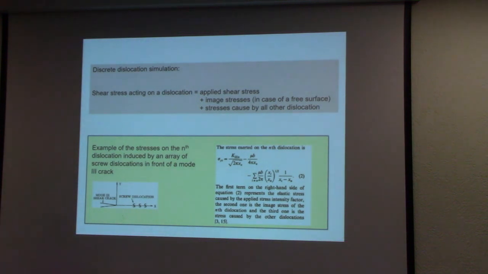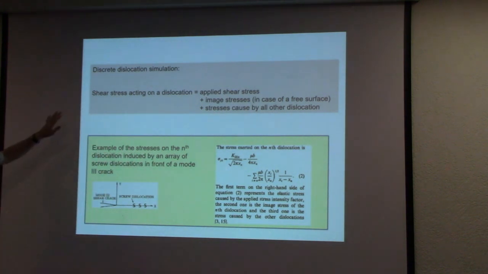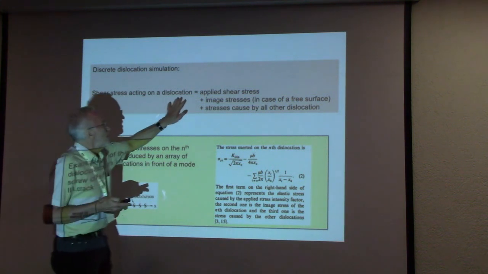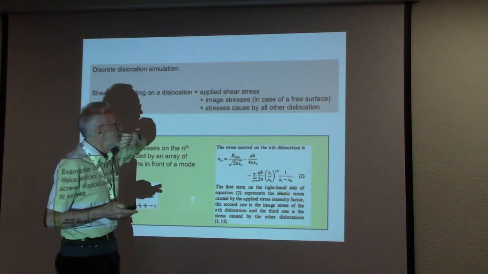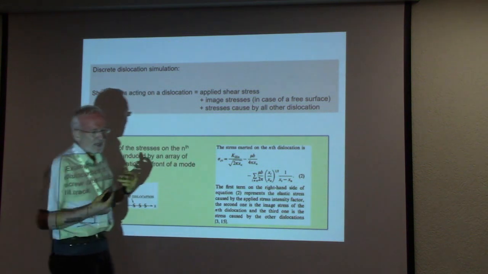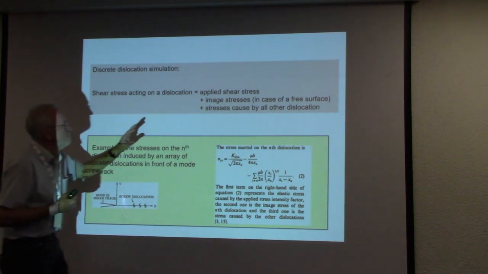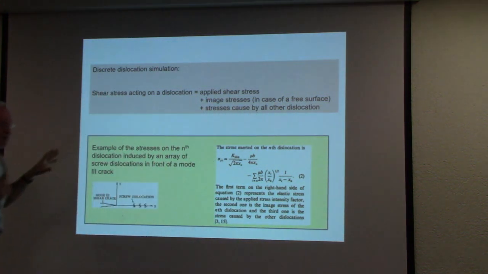So this is the typical scheme which we use in discrete dislocation simulation. In this case, we have always a stress field from the applied loading. If the dislocation is in the vicinity of a free surface, we have also to take into account that the stress fields of the dislocations are only simple for infinite size.